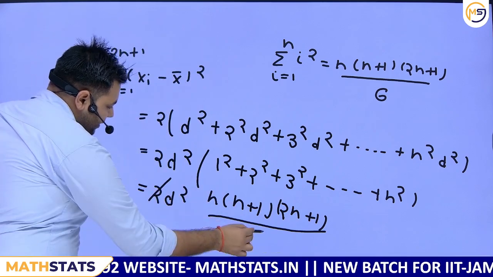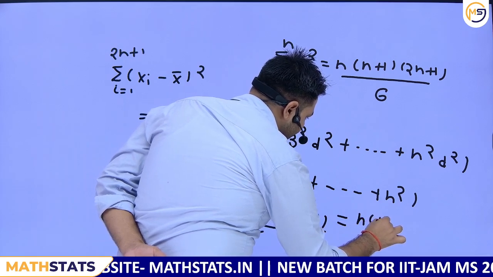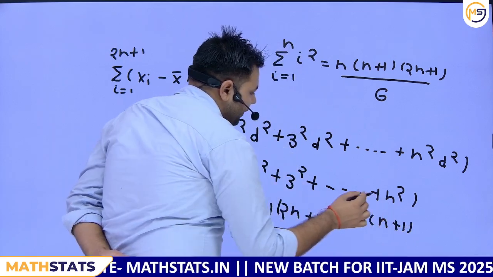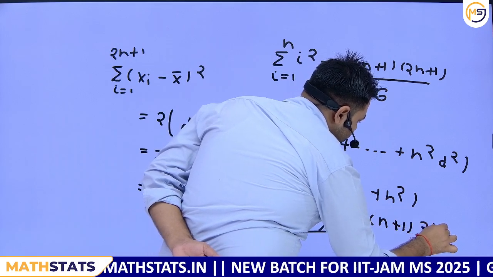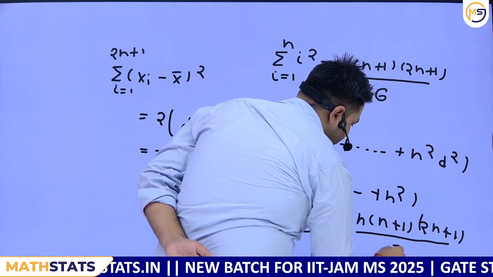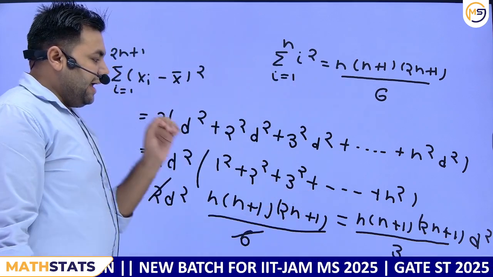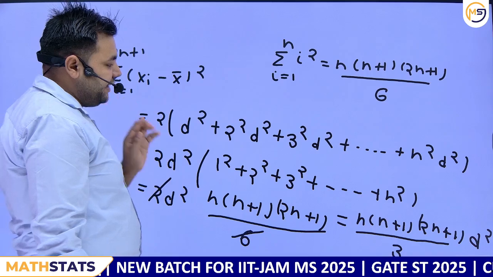You can simplify the term, and you will get n plus 1 into 2n plus 1 divided by 3 d square, okay.